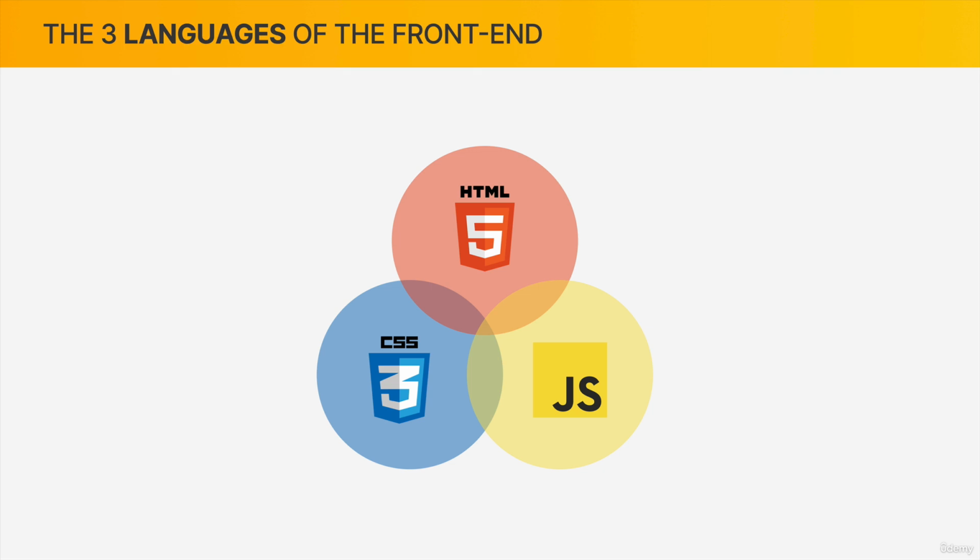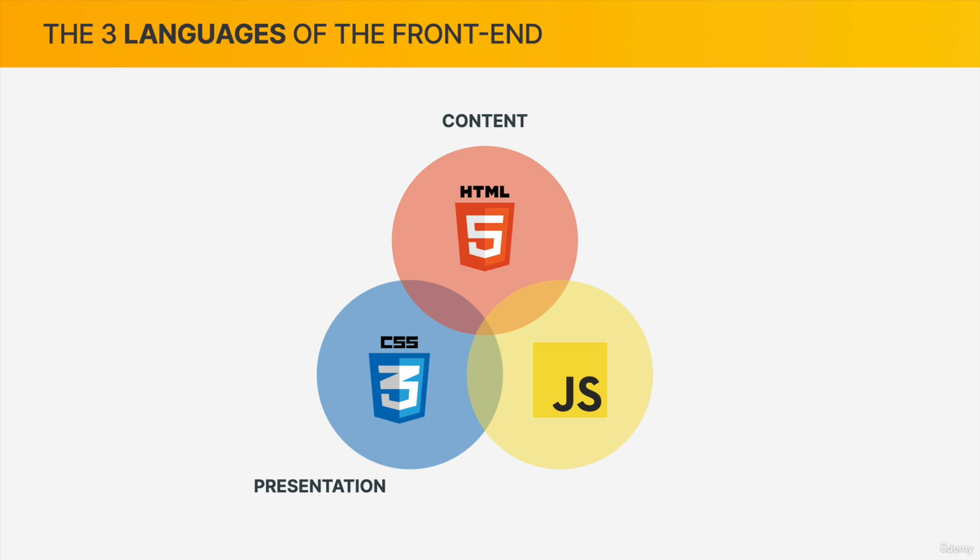And starting with HTML, HTML is responsible for the content of the page. So that's the text, the images, the buttons, and really all the content that you see on a web page is always written inside an HTML file. Then the CSS is responsible for the presentation of that content, so basically for styling and for laying out the elements on the web page.